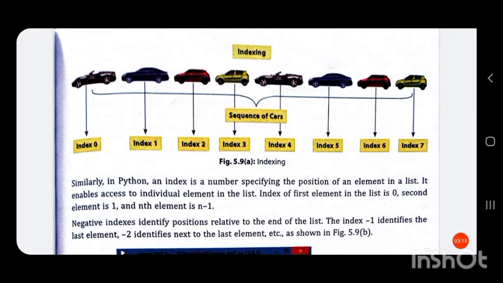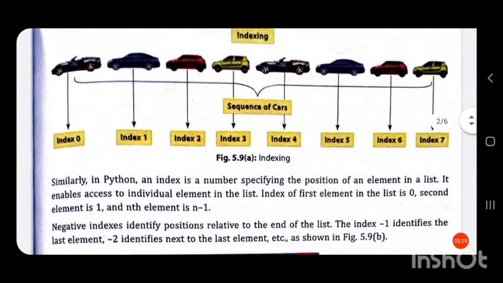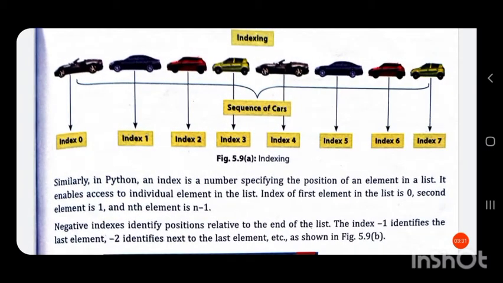If the count of the cars is unknown, then in that case we can find the index of the last car as -1, because we know that negative indexing starts from right to left. So, always the item which is at the last of a sequence has the index -1.